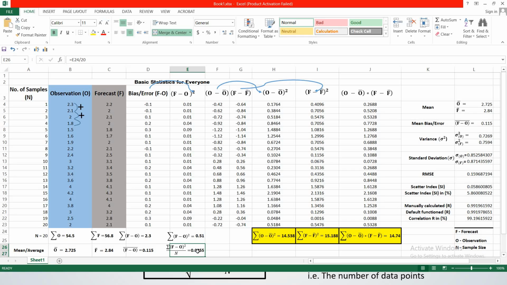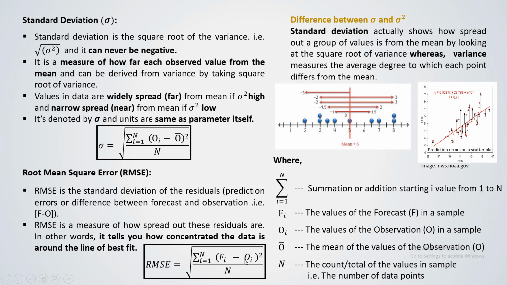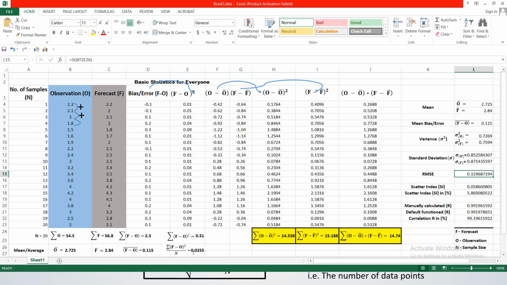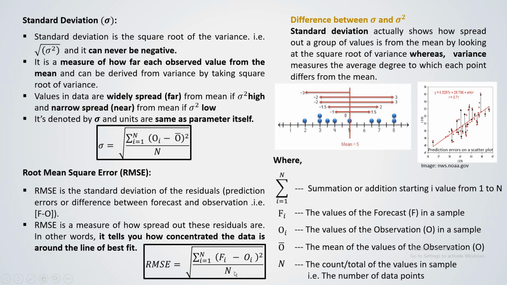So if I apply the square root to this part, that is 0.0255, I will get the RMSE, the root mean square error. See what I did: this term indicates the numerator and denominator of the RMSE. So what else is left? Only the square root.